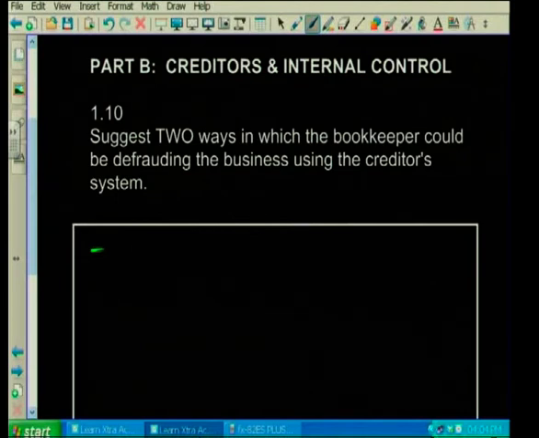Watch. The person that orders goods, could they order for themselves? Yes, because very often you can find a person who says, I'm ordering for the business, and then you collude with the supplier and you say, this part of the order, deliver it at this residence here.